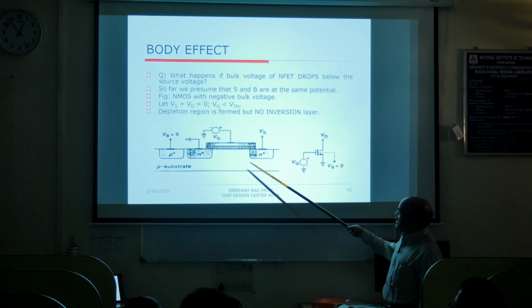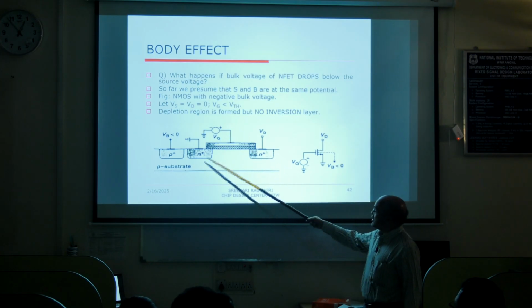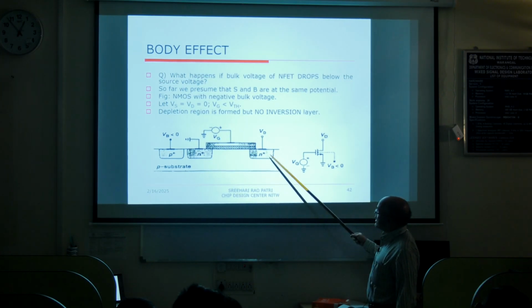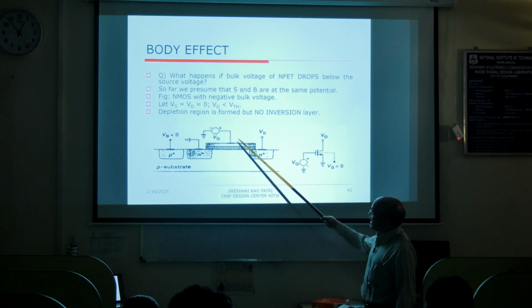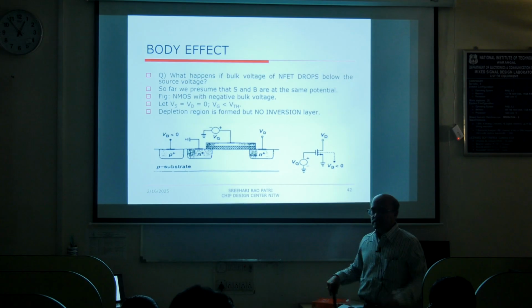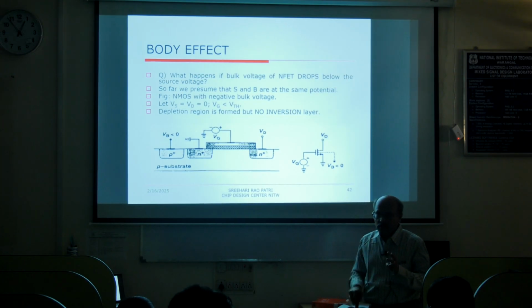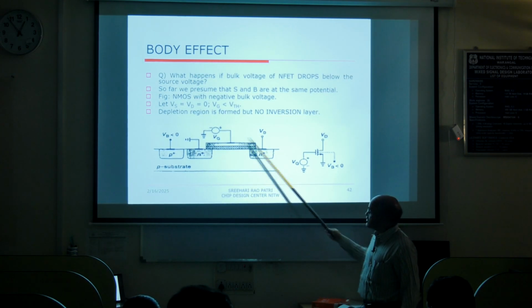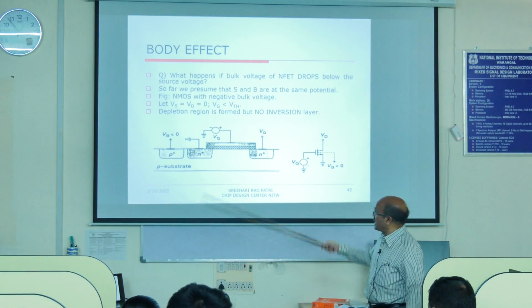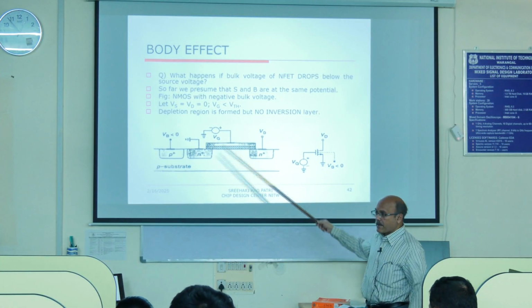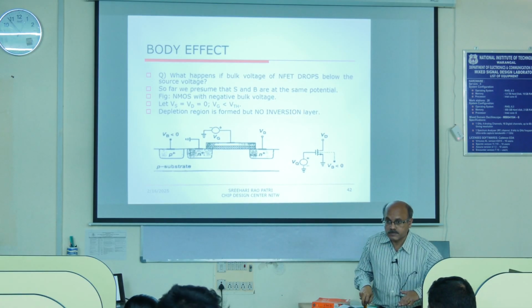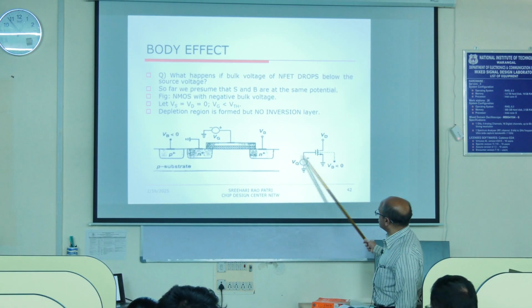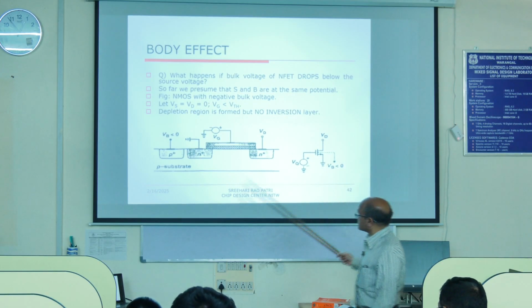Let us assume initially that source and drain are at 0, the same potential, and the applied gate voltage is less than threshold voltage. Please remember what we are doing initially. Source and drain are at 0, and at the gate I am trying to apply a voltage, but I kept it below threshold voltage, right? This is exactly the scenario here.